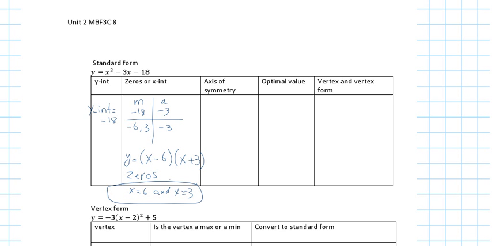So to find the axis of symmetry, I'm going to add the two zeros, so 6 plus negative 3, and divide by 2. 6 minus 3 is 3, over 2, which is 1.5.